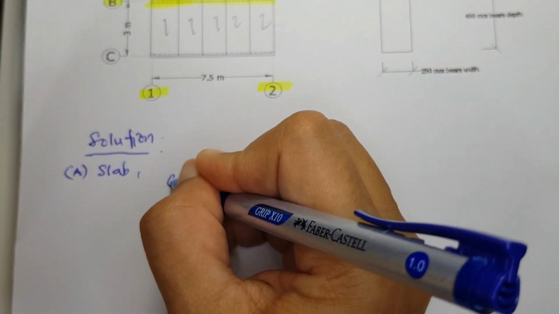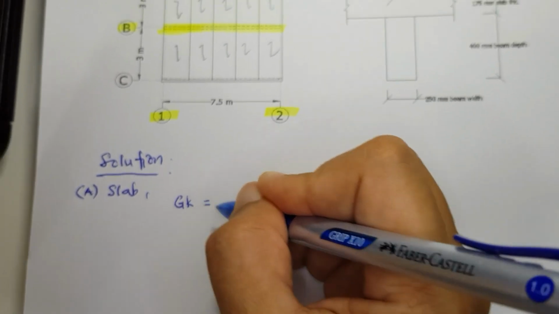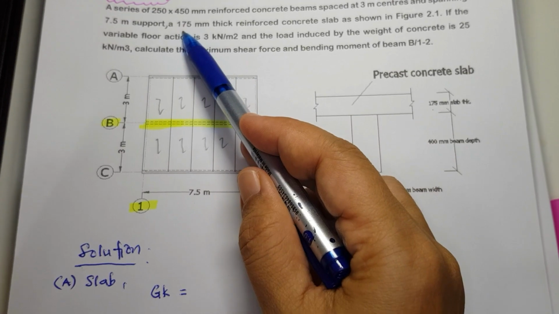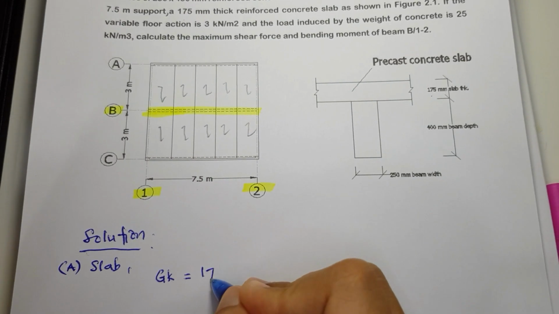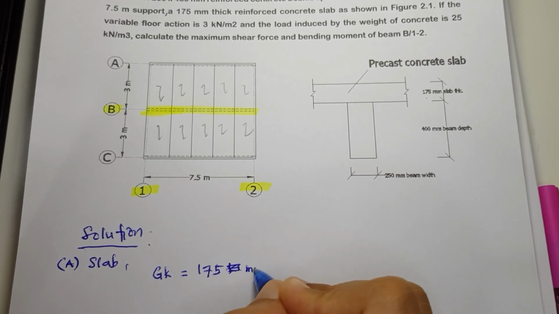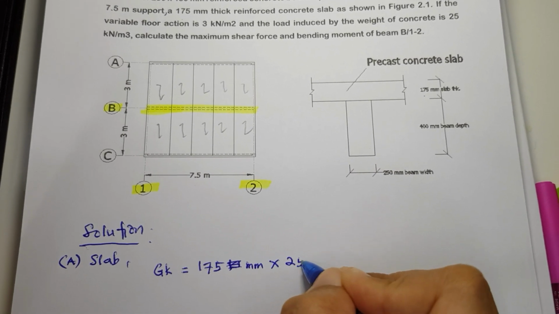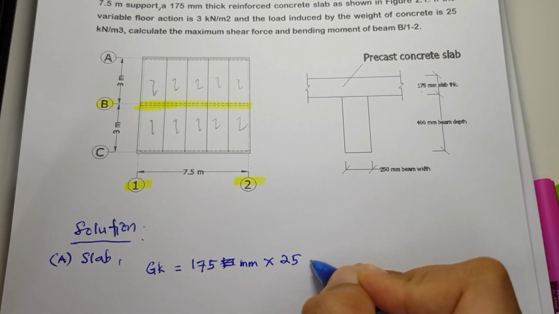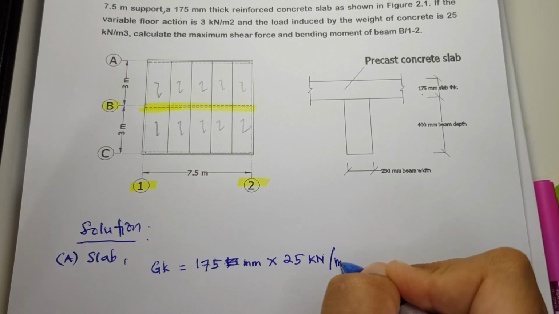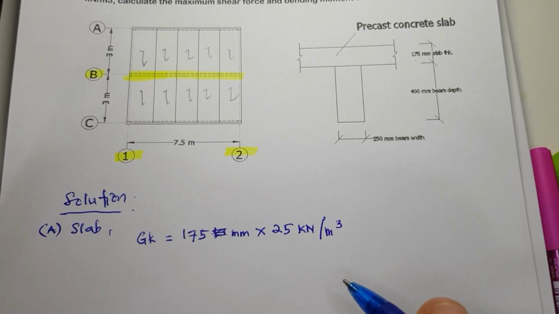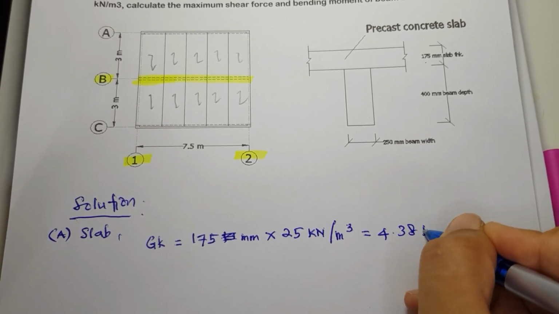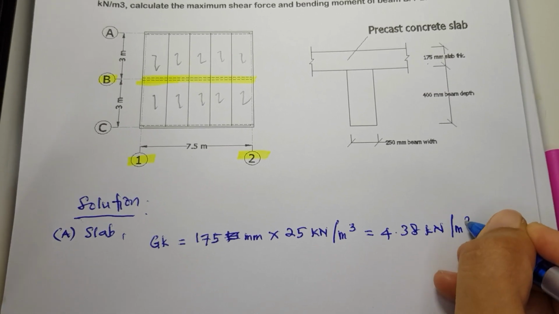So the permanent action for the slab is the thickness of the slab, 175 millimeter, multiplied with unit weight of concrete. So the answer is 4.38 kilonewton per meter square.